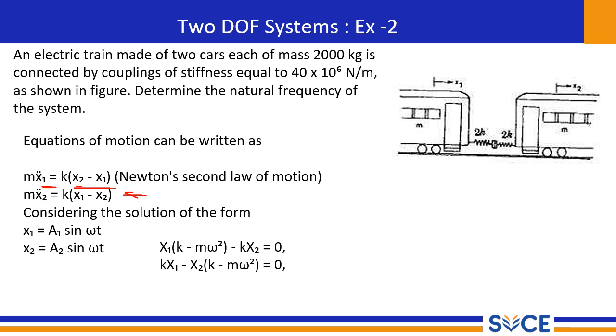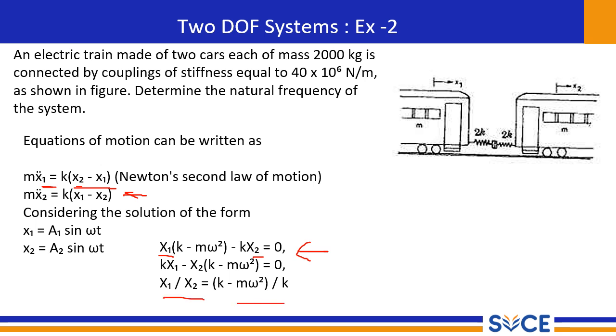So what we have to do is solve these equations. Here you can see that from the first equation, if I take x1 by x2, it is k minus m omega square by k.